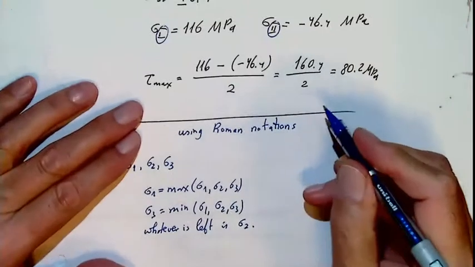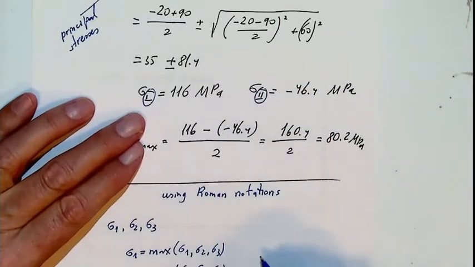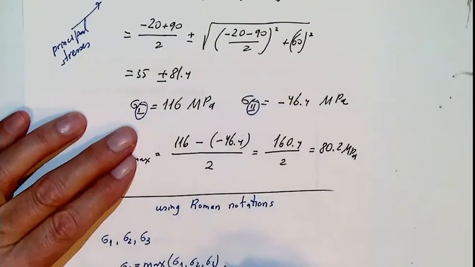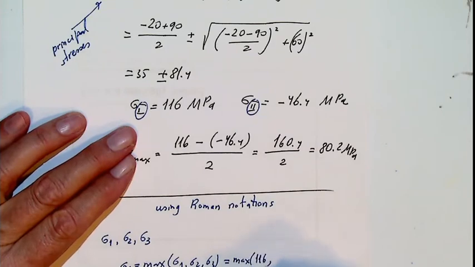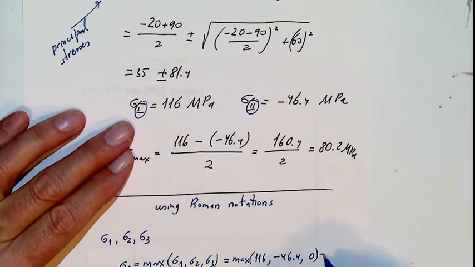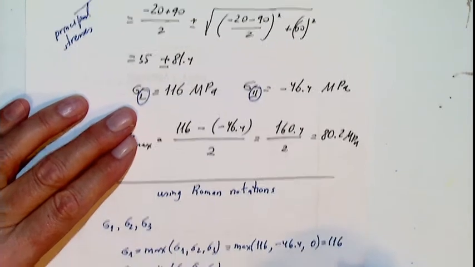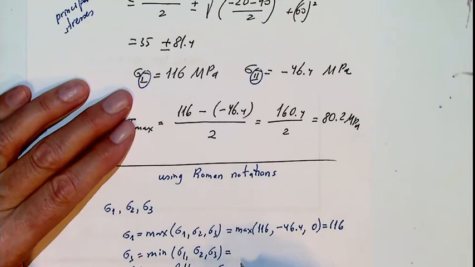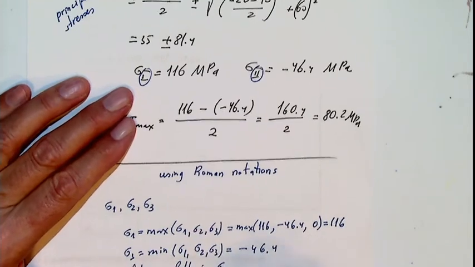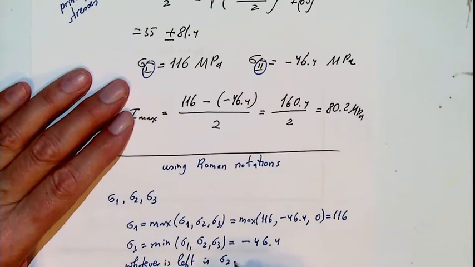So here, sigma 1 is the maximum of 116, minus 46.4, and 0. So that is 116. The minimum of these three equals minus 46.4. And sigma 2 is 0.